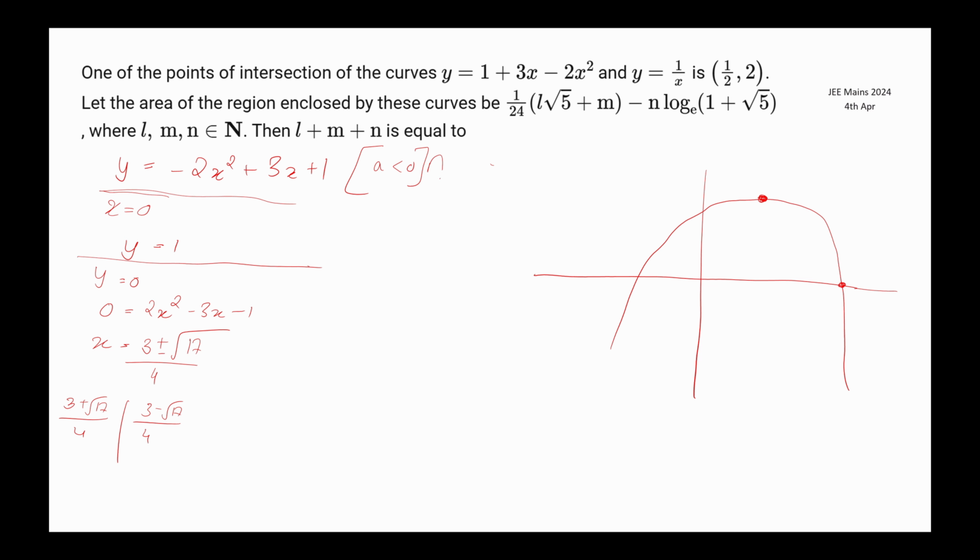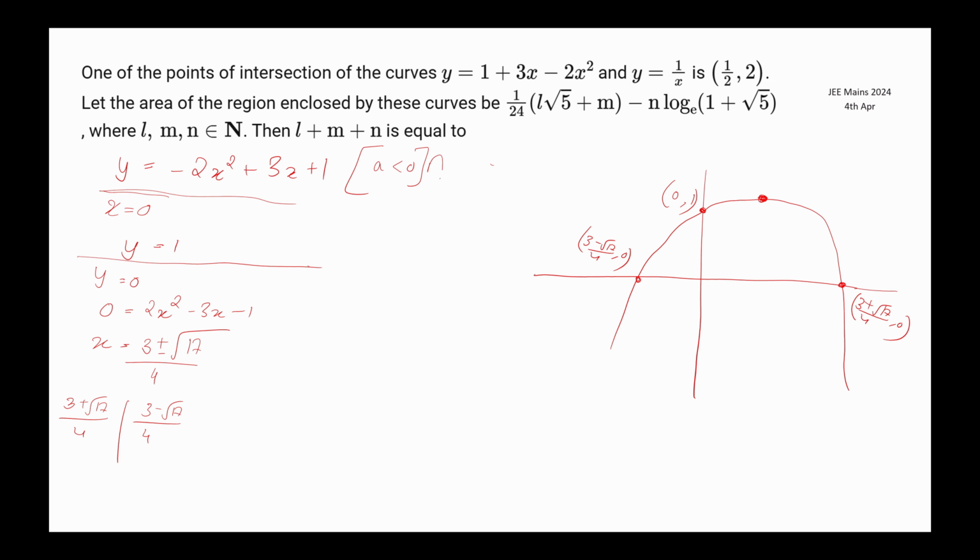So this point here is 3 plus root 17 by 4 comma 0, and this one here would be my 3 minus root 17 by 4 comma 0. And let me write down one more point, this is my 0 comma 1, since at x equals 0, my quadratic curve cuts the y-axis at 1.